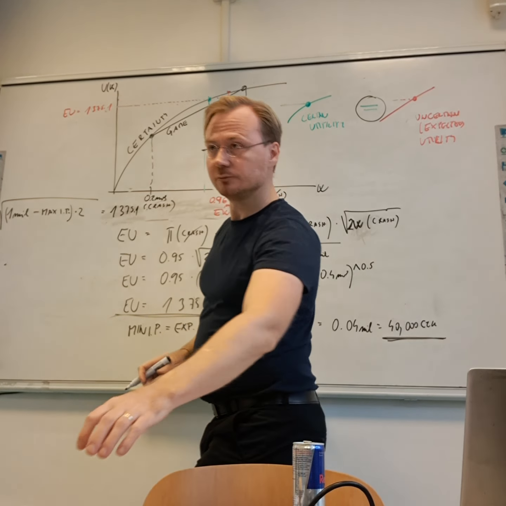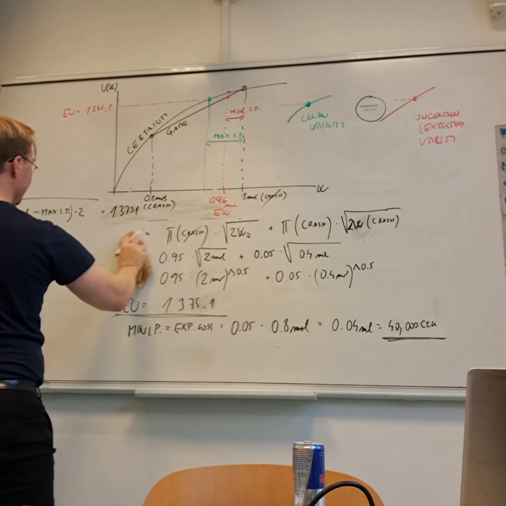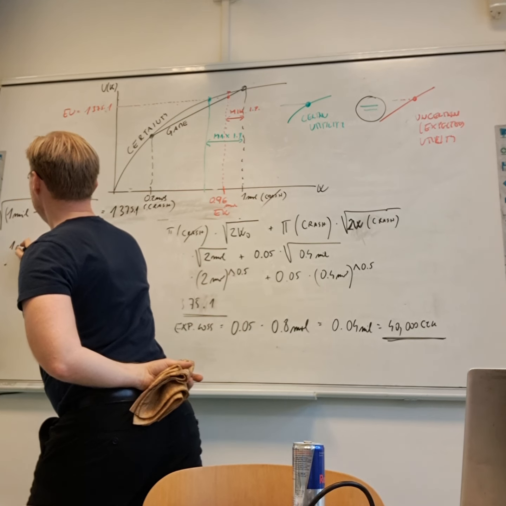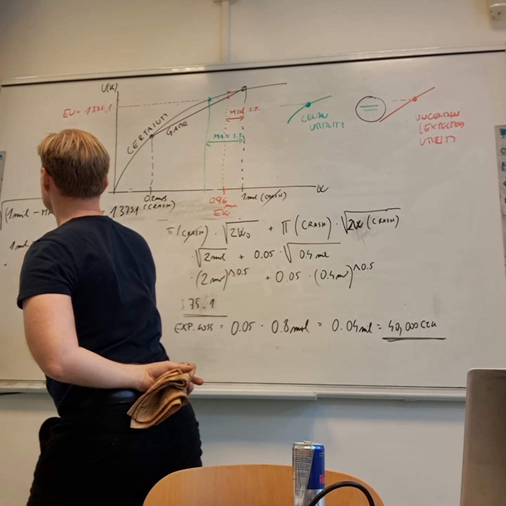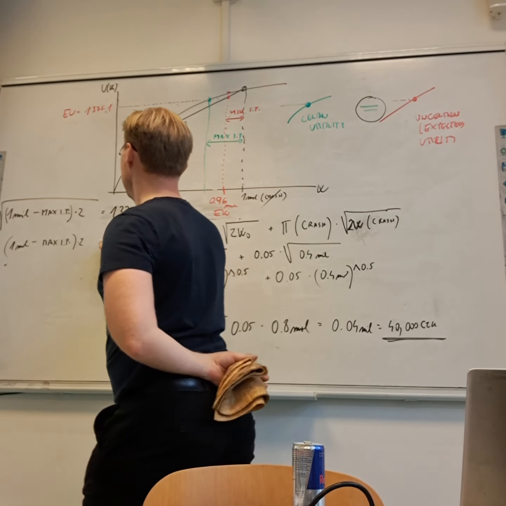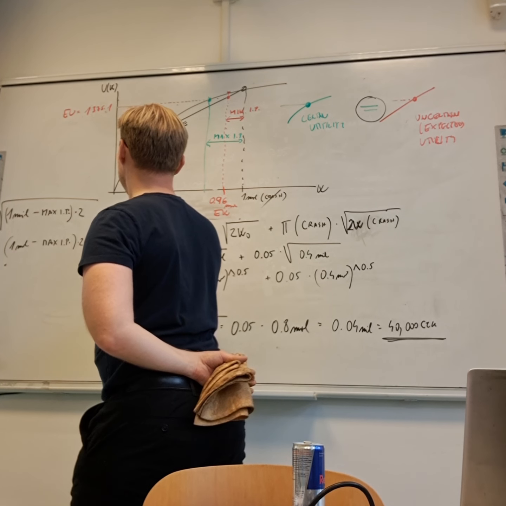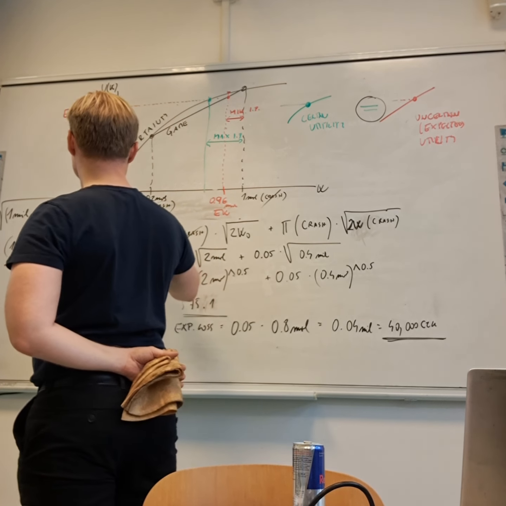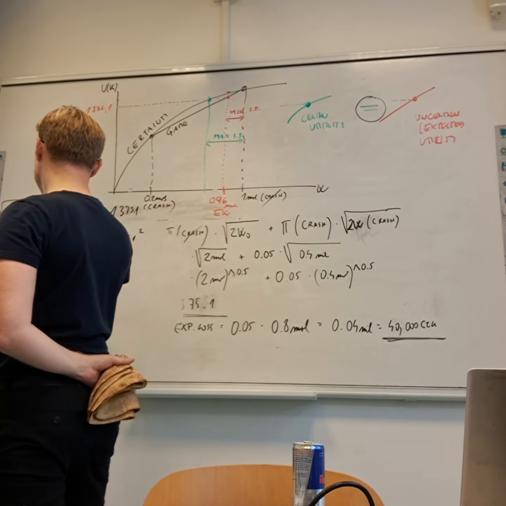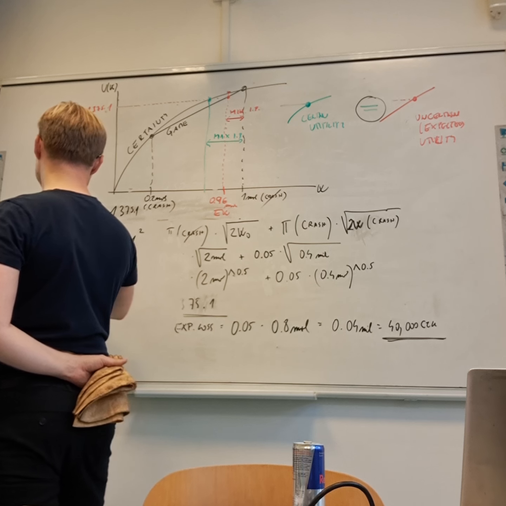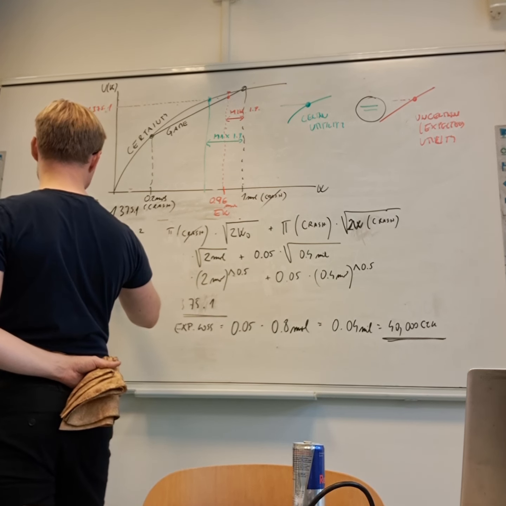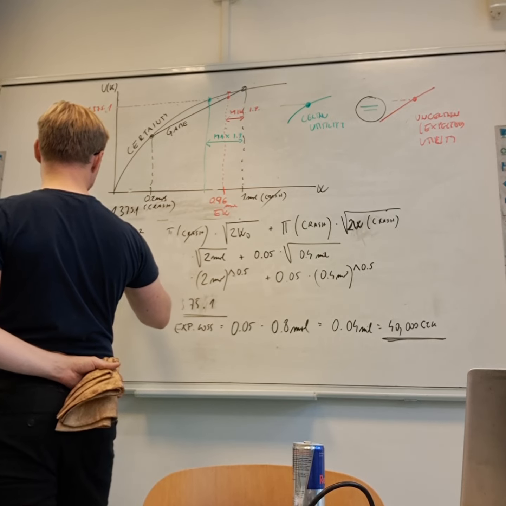Okay, so what do we do now? Square both sides of the equation. So it's 1 million minus maximum insurance payment times 2 equals 1375.1 squared. Now, it's 2 million minus 2 maximum insurance payments equals 1375.1 squared.